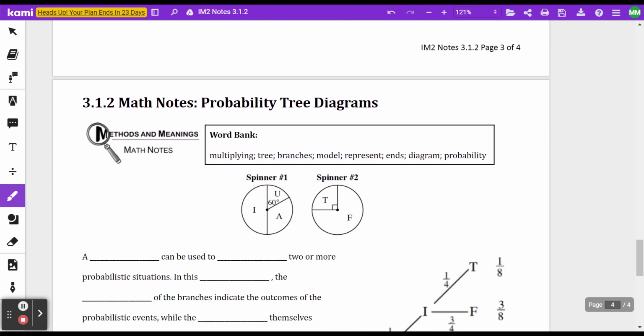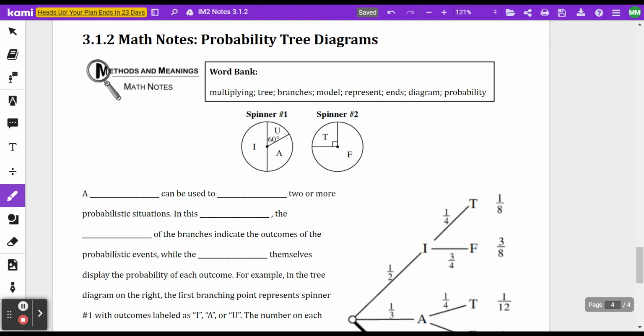All right. We are at the conclusion of our notes, and we're going to summarize what we've done with these math notes. A tree diagram can be used to represent two or more probabilistic situations.